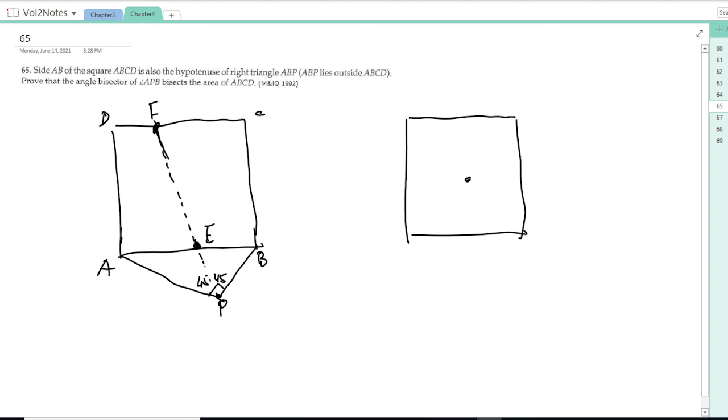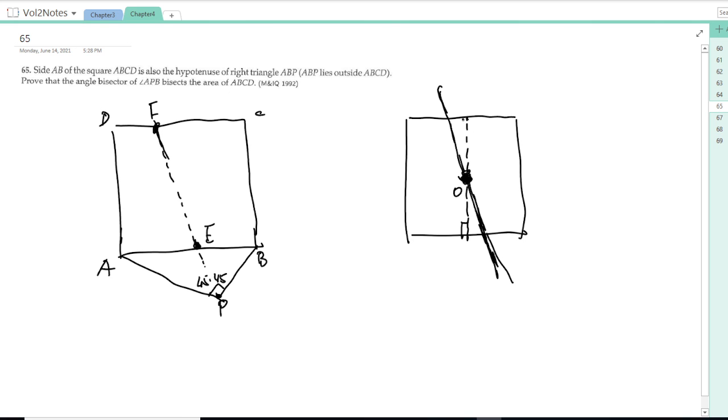So let's see what kind of things can bisect the area of ABCD. A cutting line through the center O can always bisect this area. If you're cutting through the center, you can do the height, right?